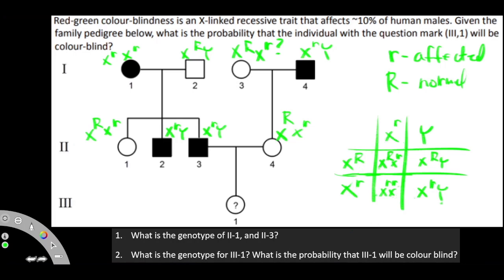Well, it obviously can't be this one, because this one over here would mean that the female is affected, but this female is not. The female is showing a normal phenotype. So it has to be this one, X to the big R, X to the small r. So either one could work, actually. This one could be X to the big R, X to the small r, or the previous one we did, X to the big R and X to the big R. So I'm going to be putting that one here with a dash.